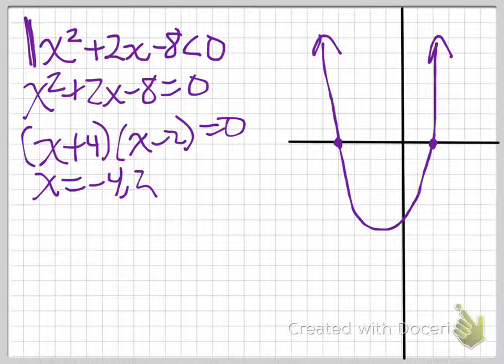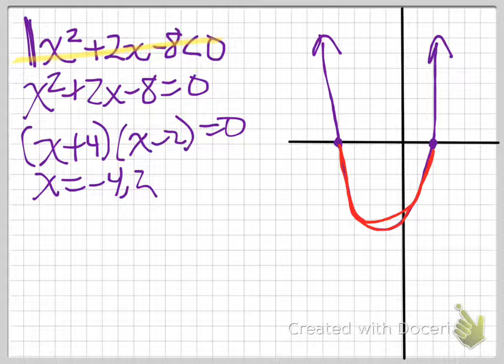Now let's go back to our inequality up here, okay? I want x squared plus 2x minus 8 less than 0. If I look at the graph, where is the graph below 0? I'm hoping you notice it's down here. That's where the graph is below 0.